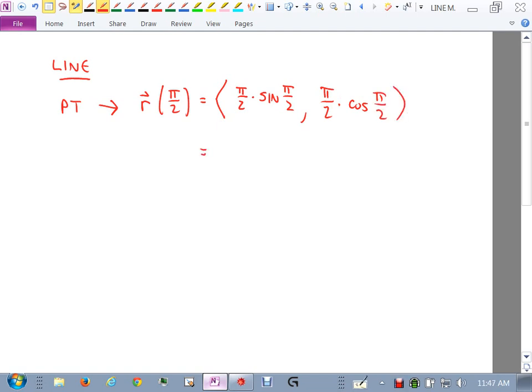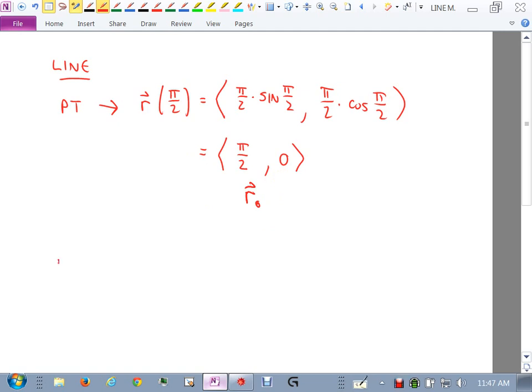And that's the vector, what? Pi over 2, 0. Right? Sine of pi over 2 is 1, so you get pi over 2. Cosine of pi over 2 is 0, so that kills it off. So that's where we live, right? That's actually the blue vector. So this is our R naught, isn't it? That's our R naught for our line.